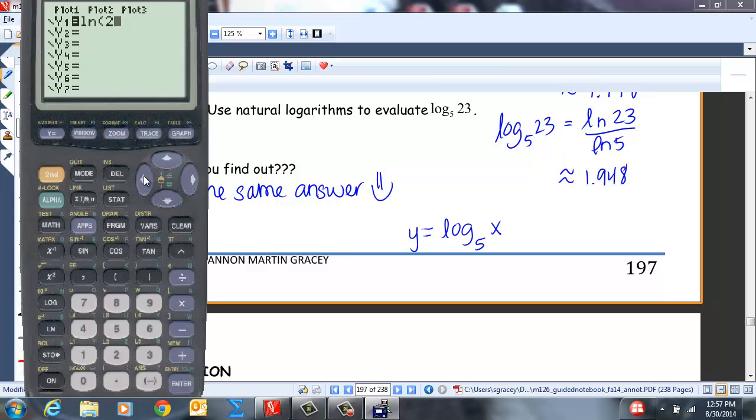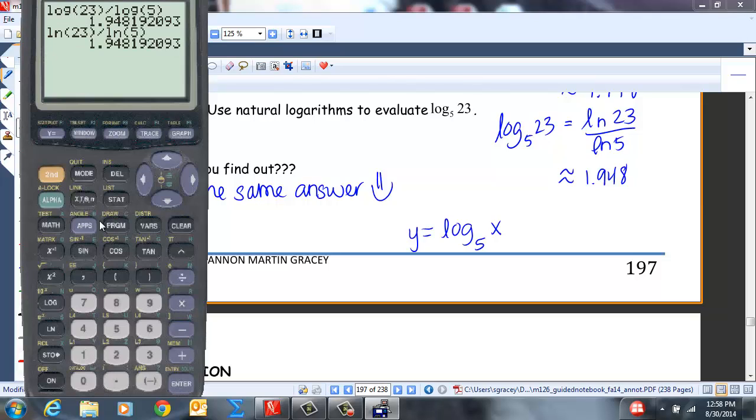So this would be log x divided by log 5, so natural log x divided by natural log 5. And look, that's our graph. Isn't that cool? And then you could go to second, calculate value, and put in 23.